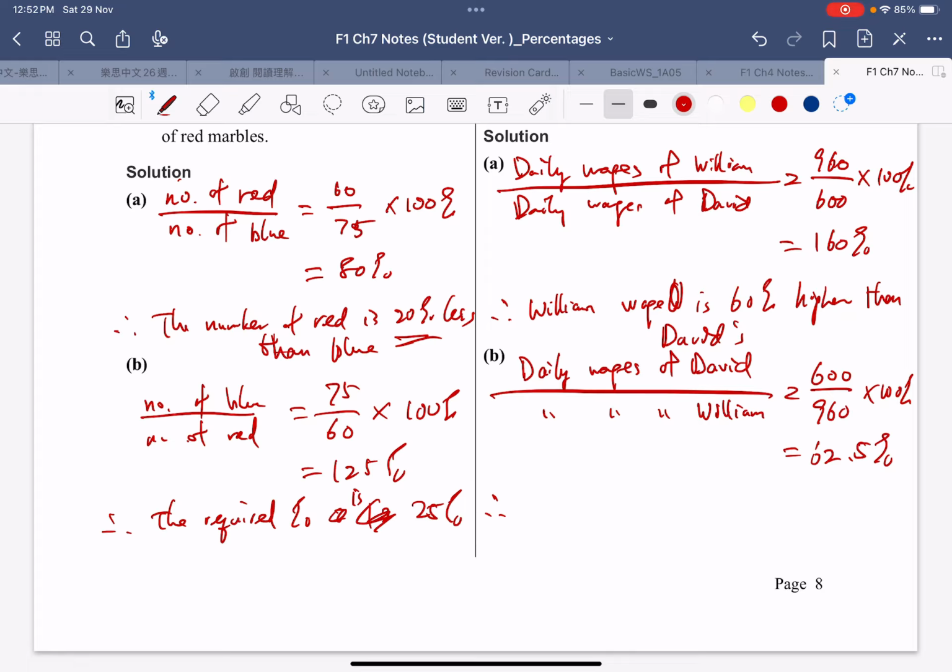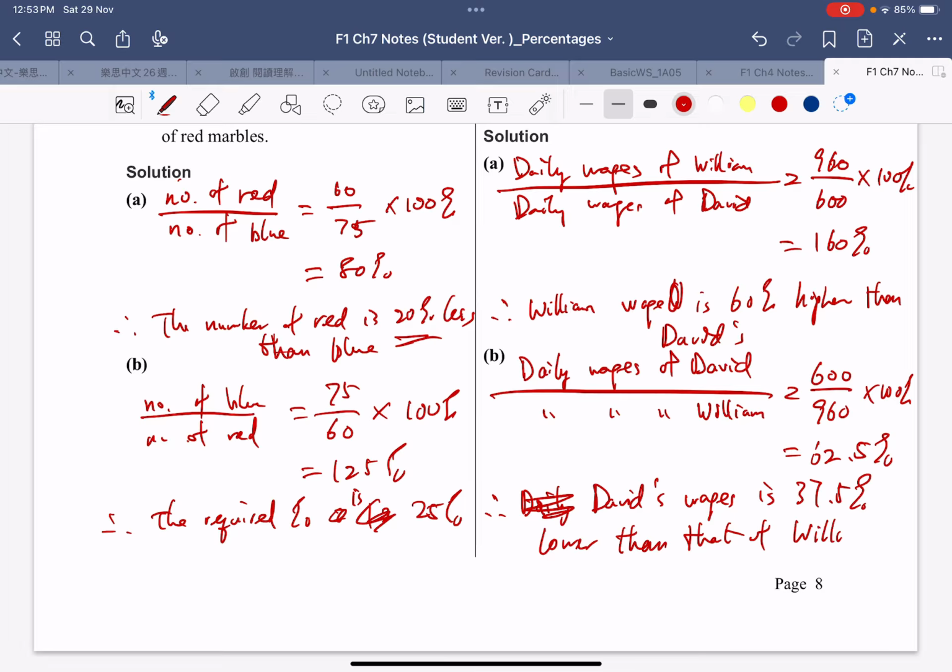And then the conclusion will be David's wages are this percent lower, less than that of William.